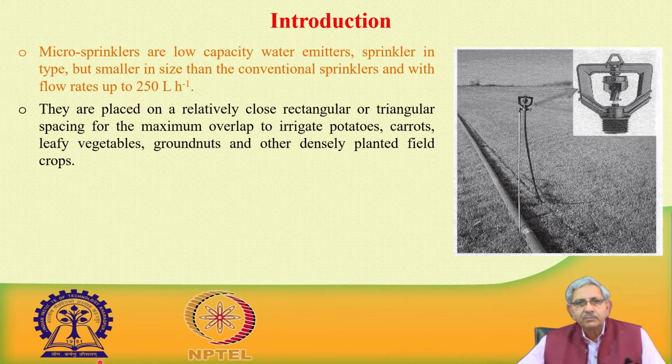It is up to about 250 liter per hour. These micro sprinklers are placed on relatively close rectangular or triangular spacing depending on the requirement, and they are given appropriate overlap.